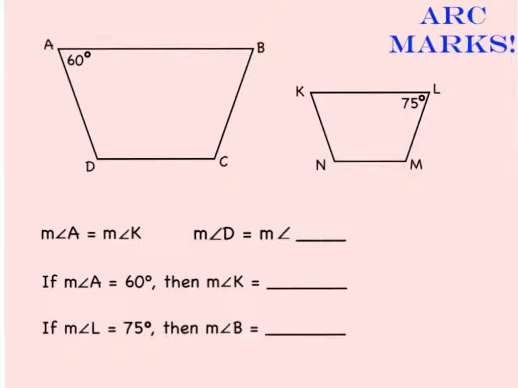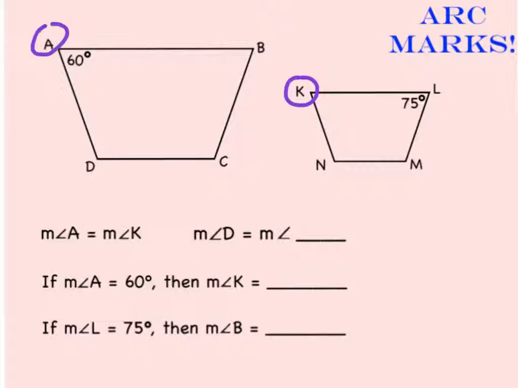Okay, so let's take a look at these two similar figures that have some measurements inside of them. Underneath our large figure, it tells us the measure of angle A. That small m next to the angle symbol means measure of angle A is equal to the measure of angle K. That's because we know that these guys are corresponding.